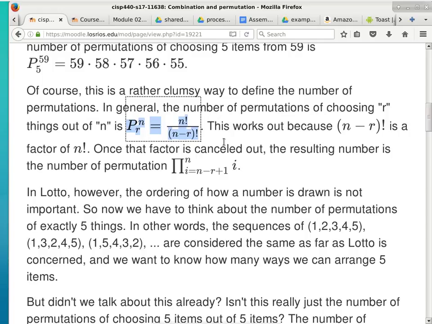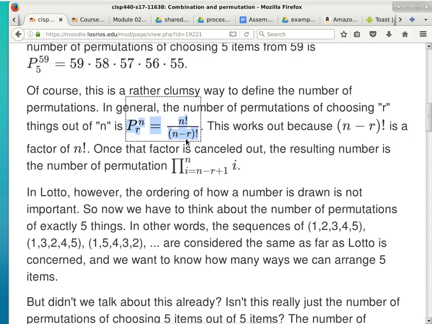Okay. So in this case, we start off with n factorial, and then we divide it by n minus r factorial. It doesn't seem to look like it makes a lot of sense, but it does. Because we just did it. So we have 69 times 68 times 67 times 66 times 65, right?